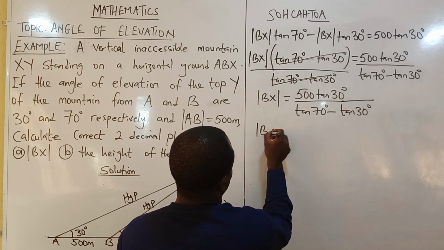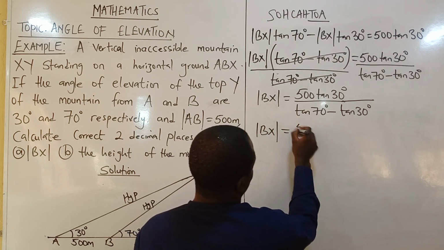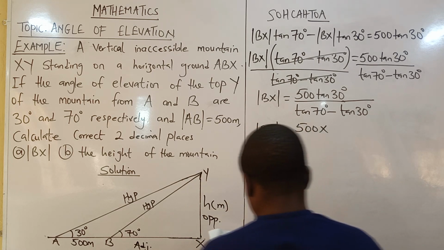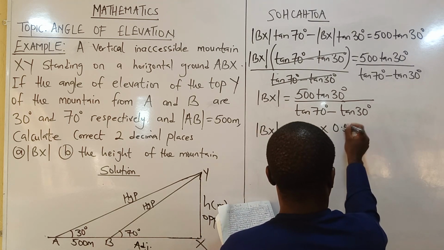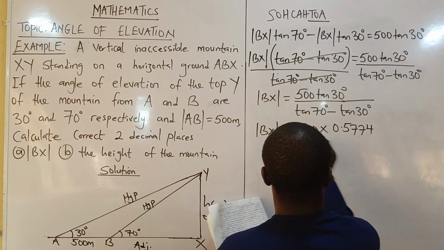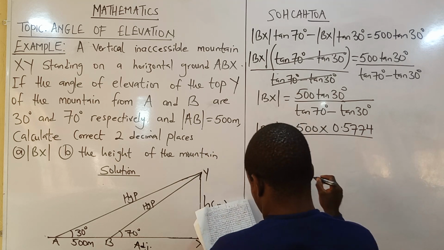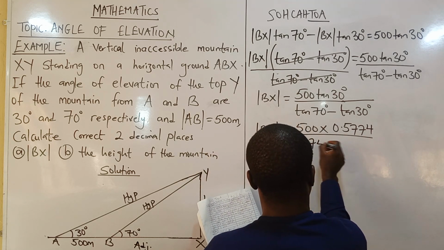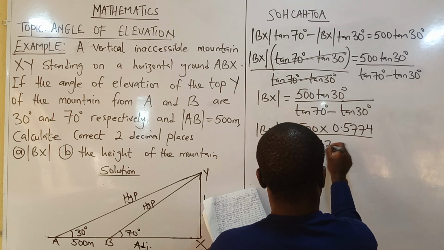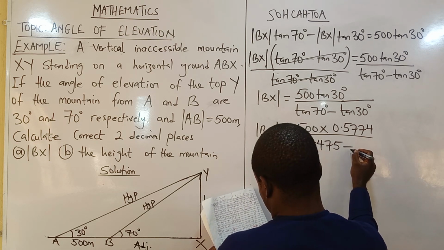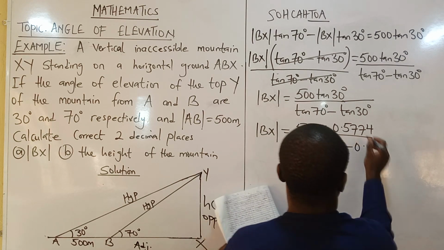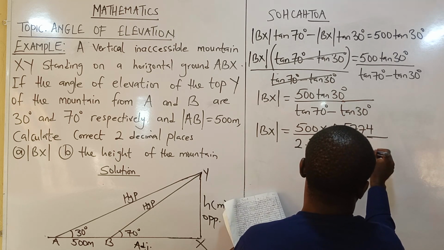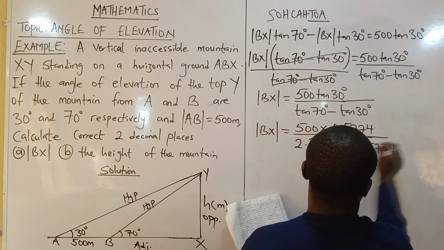Now line BX equals 500 multiplied by tan 30 degrees. When you press your calculator, it is 0.5774, divided by tan 70 degrees, that's 2.7475, minus tan 30 degrees, which is 0.5774.